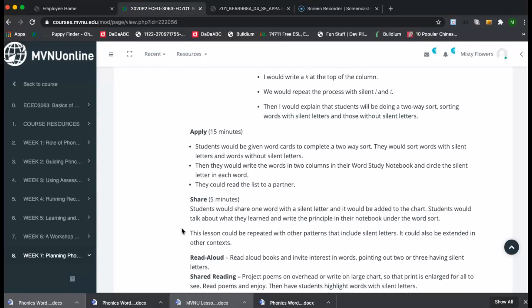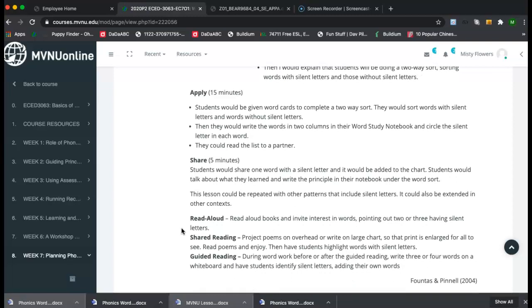Very simple lesson for phonics and word study. And you can repeat the same lesson with other patterns. If during your read aloud, children are noticing words that have silent letters, write those on your anchor chart.